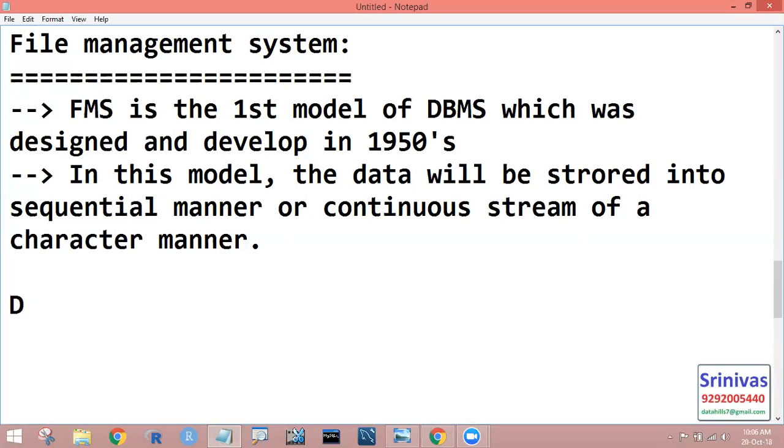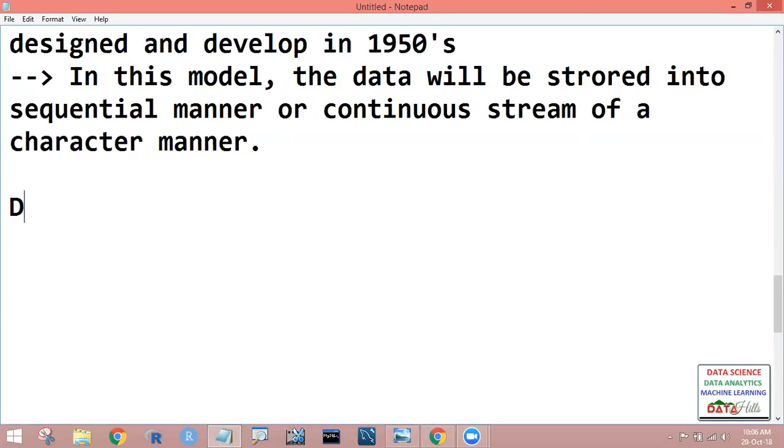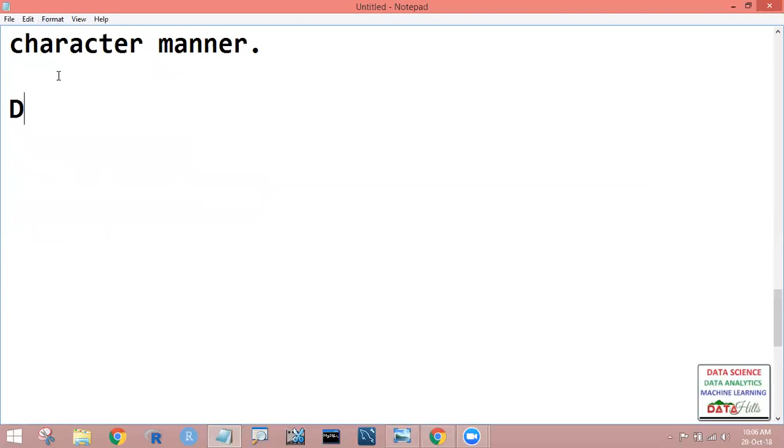Based on that, they stored it in a sequential manner, and at the time we had so many drawbacks. Now let us observe the drawbacks in this first model, the file management system.